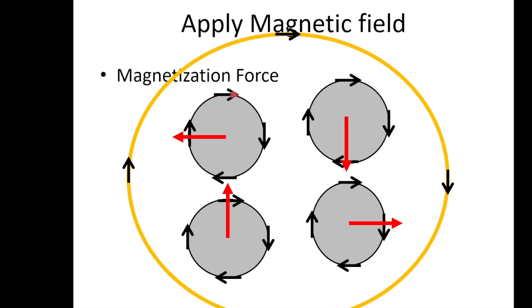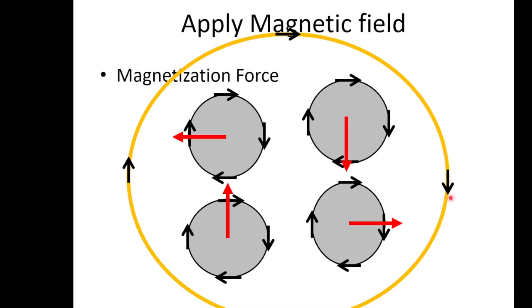The ones moving to the right are going to be attracted to this guy. The ones moving down are going to be attracted to this guy. And so all of these orbitals are going to align to the magnetizing force, the applied magnetic field, using that simple rule that like moving currents attract. So now we say that this material is magnetized.